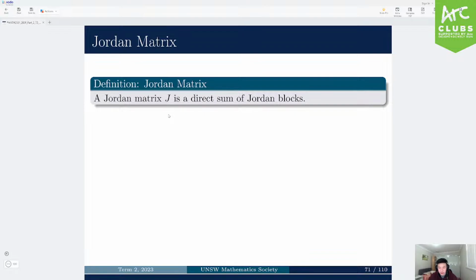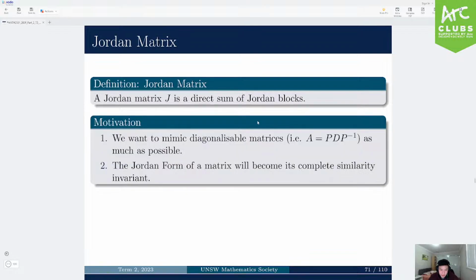Back in chapter 6, you know that not every matrix is diagonalizable, but in chapter 7, we can actually prove that we can reduce every matrix down to a Jordan matrix. Again, we want to mimic diagonalizable matrices as much as we can, but not every matrix is diagonalizable, so that's where the Jordan matrix comes in.